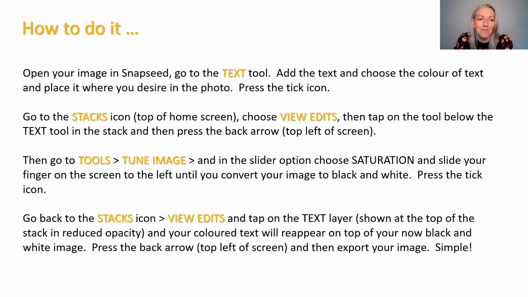Press the tick icon, and then you go back to stacks and press view edits, and then tap on the text layer shown at the top of the stack. And then your colored text will reappear on top of your black and white image now. Sorry, it's very hard to explain this without showing it to you in person. And then you press your back arrow and export your image, and it should end up with something like this.